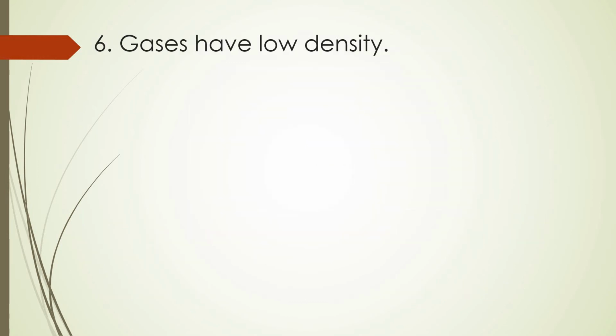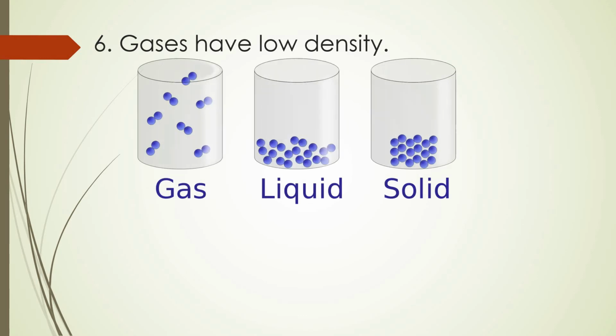Let's see the sixth behavior or characteristic of gases. Gases have low density. Now let's compare the three states of matter. Solids: the particles are compact, close, very densely packed, therefore the density is more.